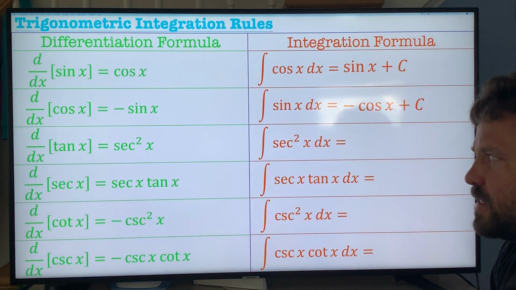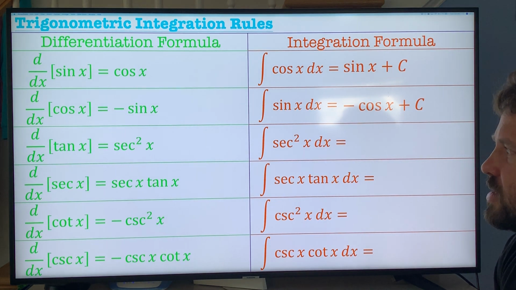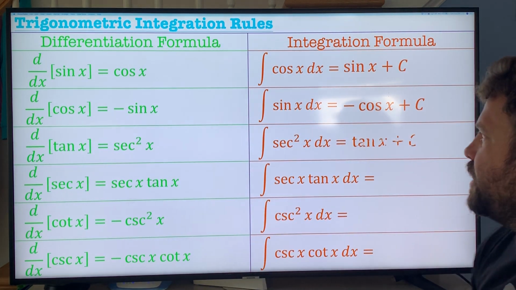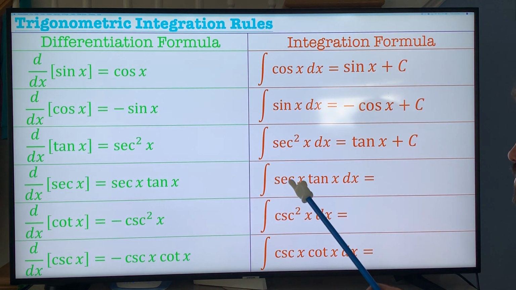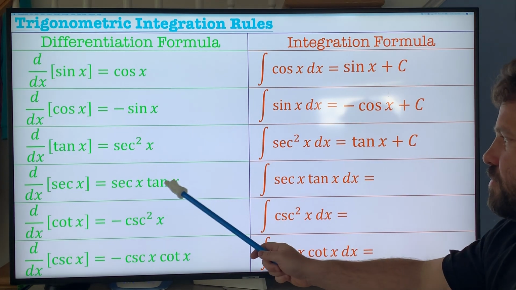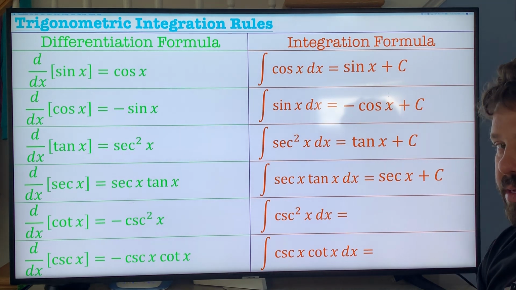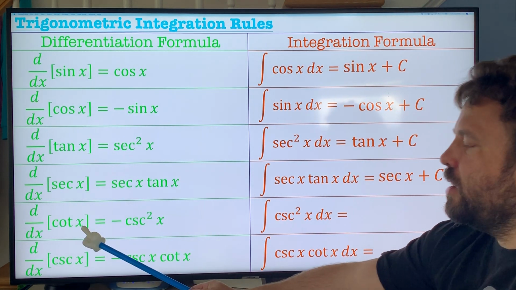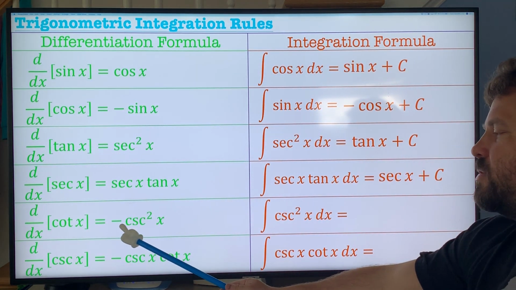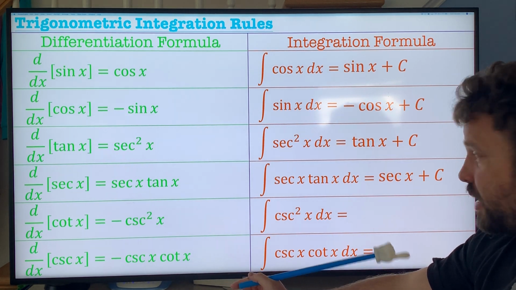If the derivative of tan x is secant squared x, what's the integral of secant squared x? Tan x plus c. Secant tan, the integral would be secant x plus c. The derivative of cotangent x equals negative cosecant squared x.